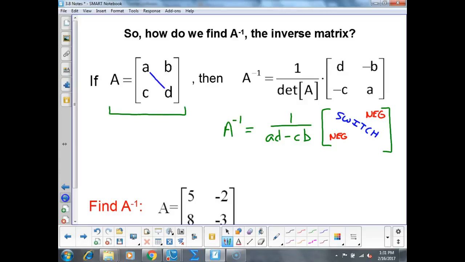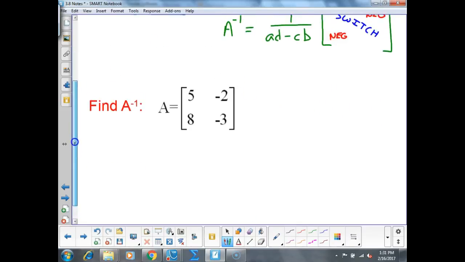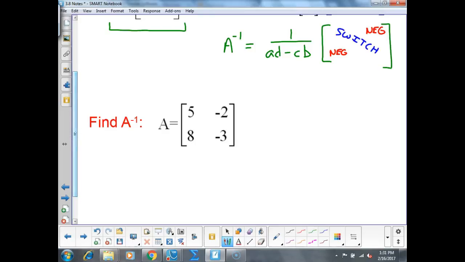So, let's find the inverse of this 2 by 2 matrix, 5, -2, 8, -3. The first thing I'm going to do is find the value of matrix A's determinant.